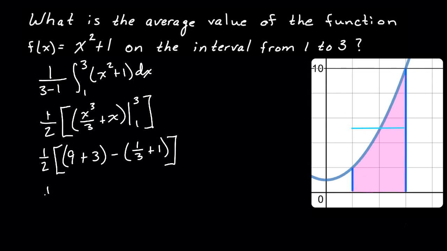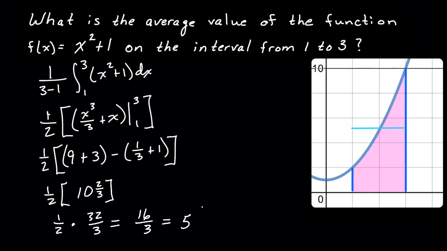All right, so that's going to give us 1/2. We have a 9, a 3, and we have a -1. So that's going to be 12 minus 1 is 11. And then 11 minus 1/3 will be 10 and 2/3. All right, well, 10 and 2/3 is 32 over 3, which is equal to 16 over 3, or in other words, 5 and 1/3.